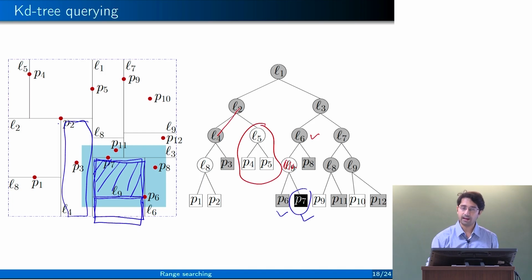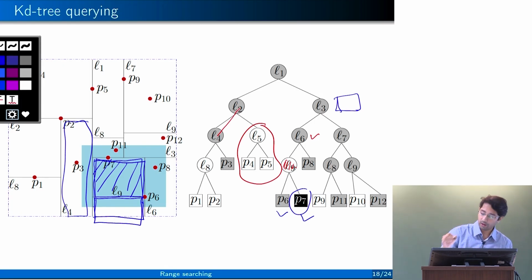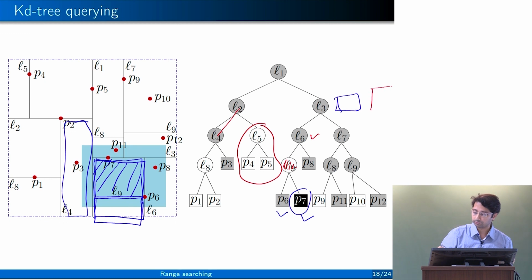What I am saying is that with this node there is a rectangle associated and I have a query rectangle. This is the query rectangle, this is the rectangle associated with this node. What will I do? I will go inside, the first thing I will check is whether this query rectangle even intersects the rectangle stored at this node or not.